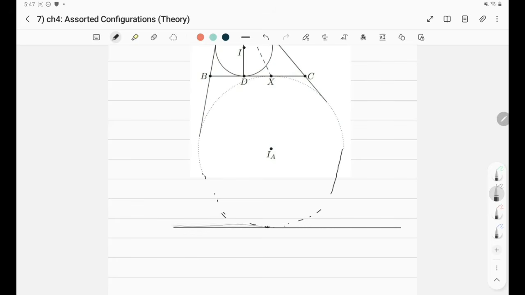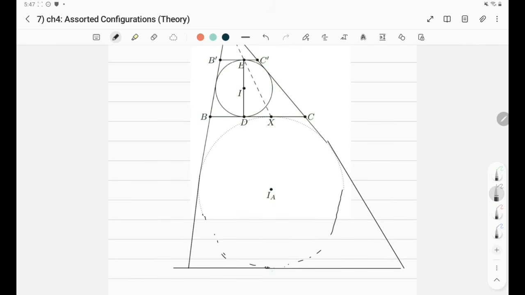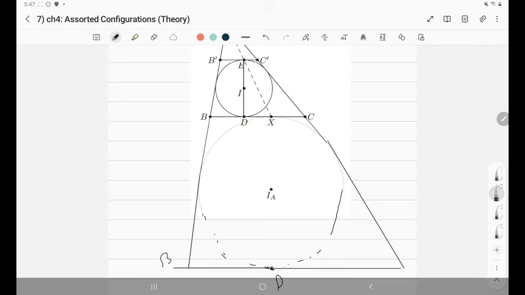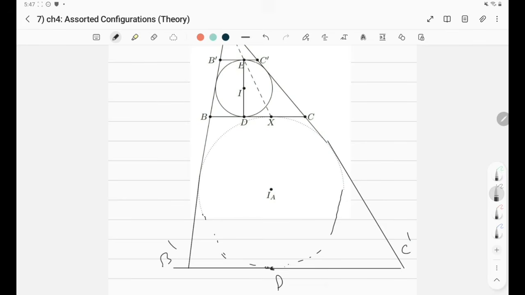You can just continue this one here and that one here, something like that. So point D will just be here. This one will be B prime and C prime. Let's call this D prime actually. Alright, very nice. Because right now the excircle is actually the incircle of the new triangle.